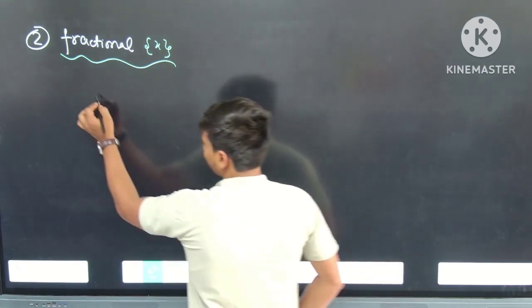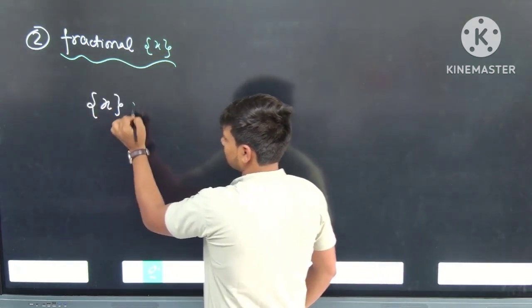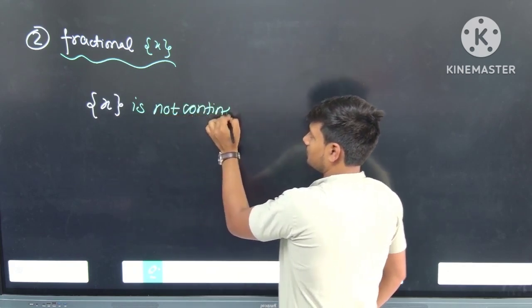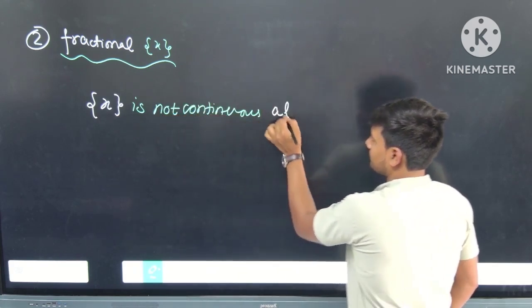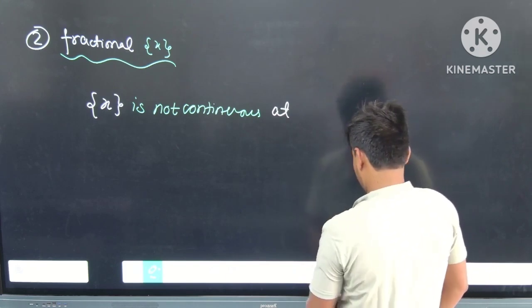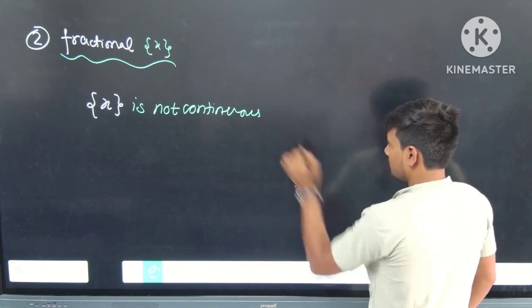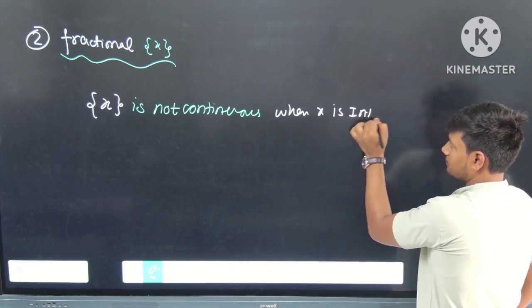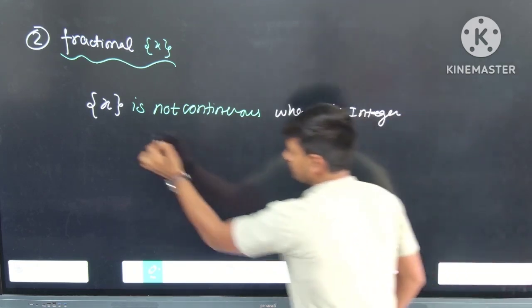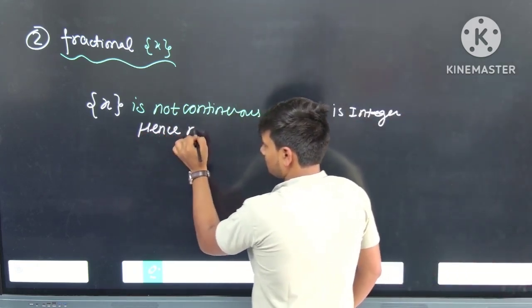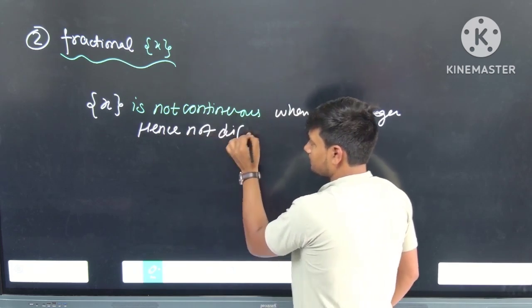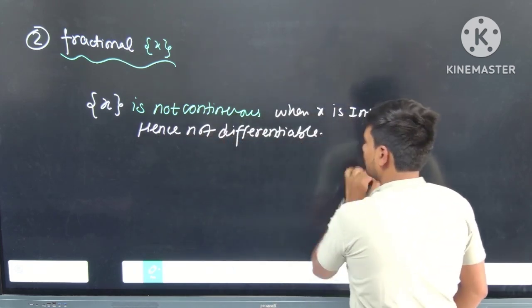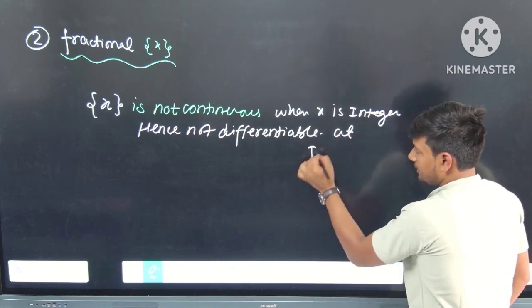So clearly the fractional part of x is not continuous when x is an integer, hence not differentiable at integer points.